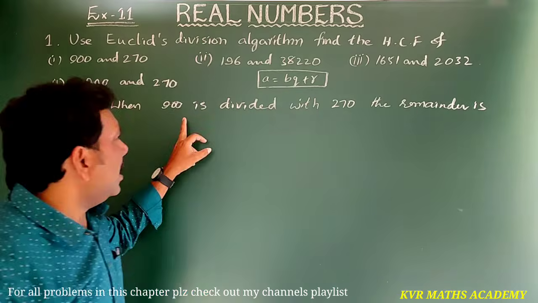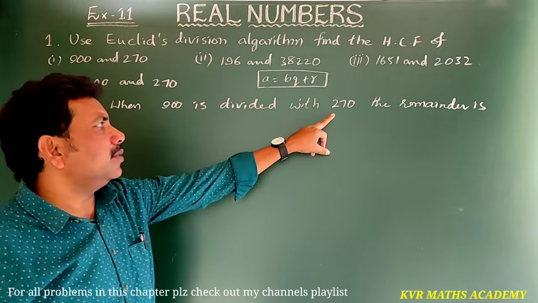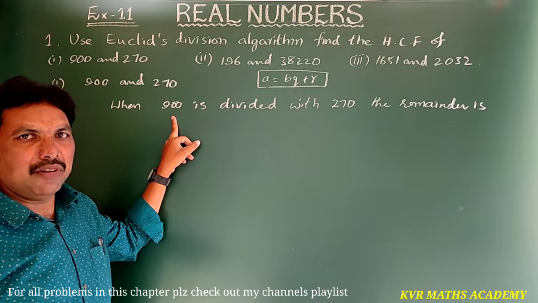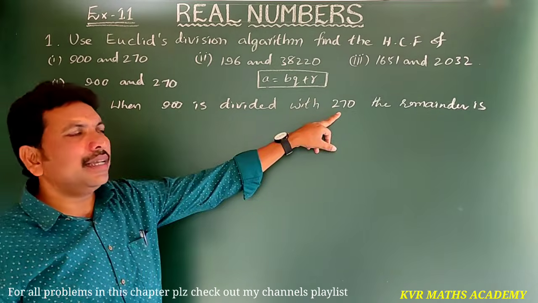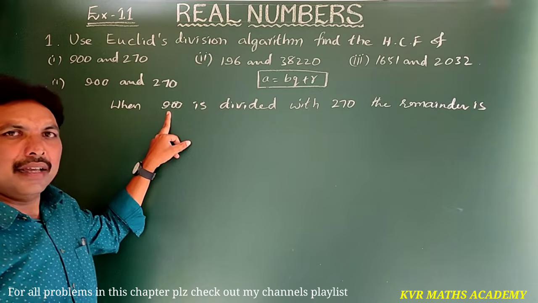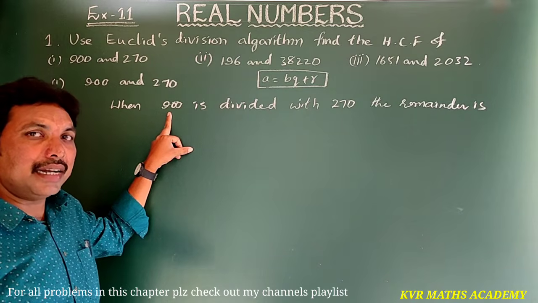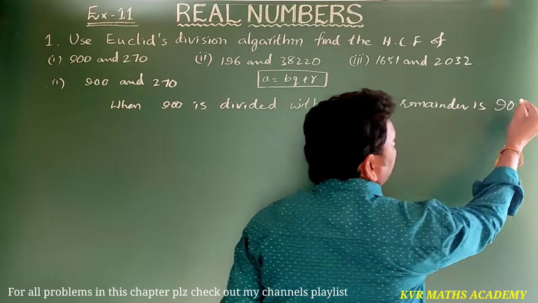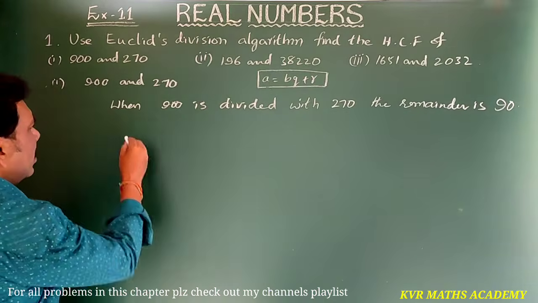How many times does it go? 27 threes are 81, so 270 times 3 is 810. 900 minus 810 will be 90. So the remainder is 90.